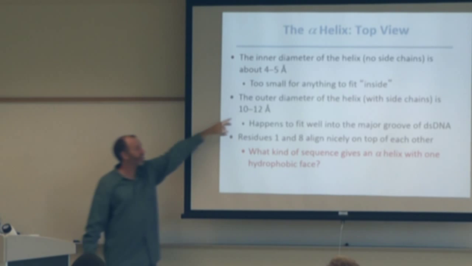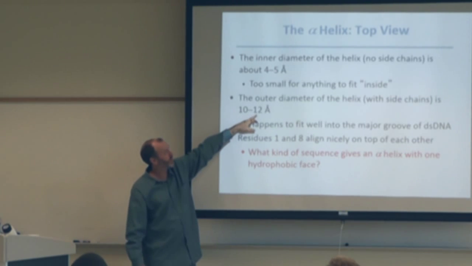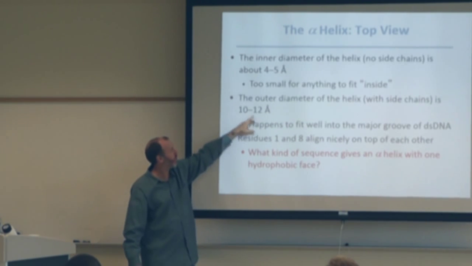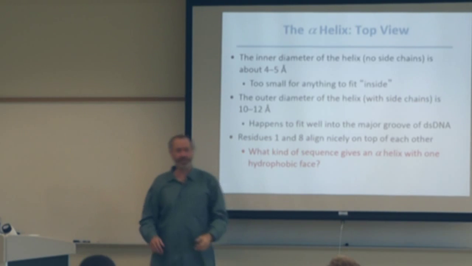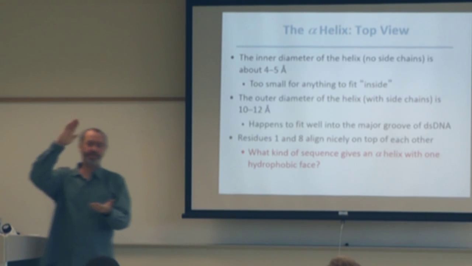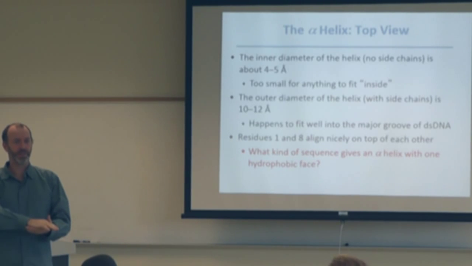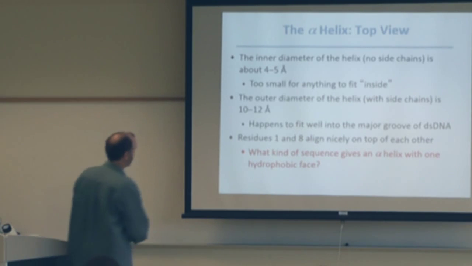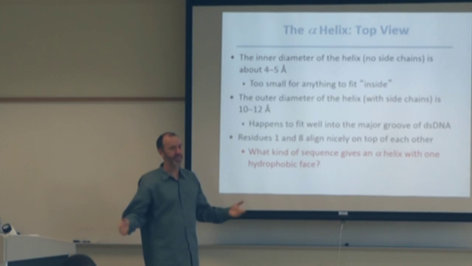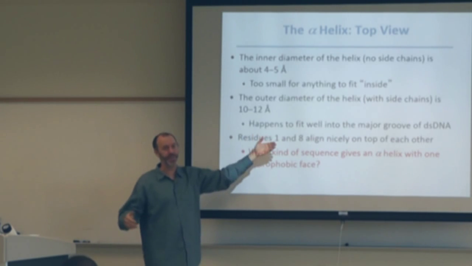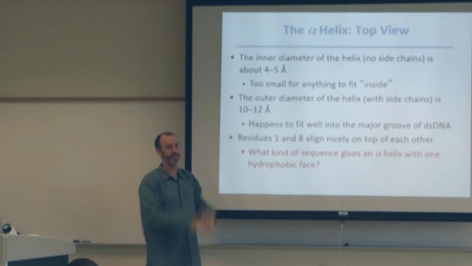But the outer diameter of the helix with the side chains is about 10 to 12 angstroms, which happens to fit quite nicely inside the major groove of a DNA molecule. So a DNA binding protein is probably going to have an alpha helix domain where it's binding to the DNA.